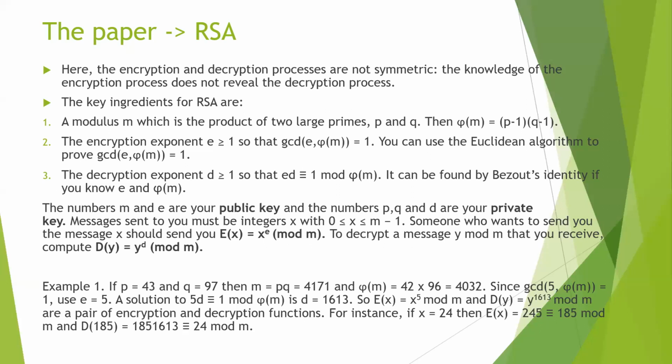A solution is d equals 1613. So e of x is x to the 5 mod m and d of y is y to the 1613 mod m this time. And these two are a pair. You encrypt using e of x, you decrypt using d of y. For instance, if x equals 24, you can just follow through the process to get the encrypted message and therefore the decryption.